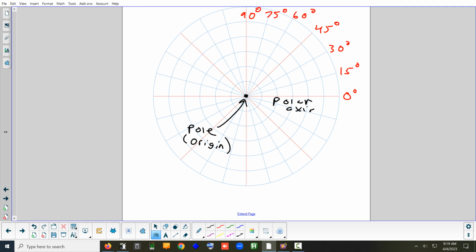I've seen them every 10, like 10, 20, 30, 40, so then you'd have more of them. I've also seen them as few as every 45. Okay, but my particular graph paper does 6 of them per quadrant. 1, 2, 3, 4, 5, 6. So that breaks the quadrant into 15-degree wedges all the way around.